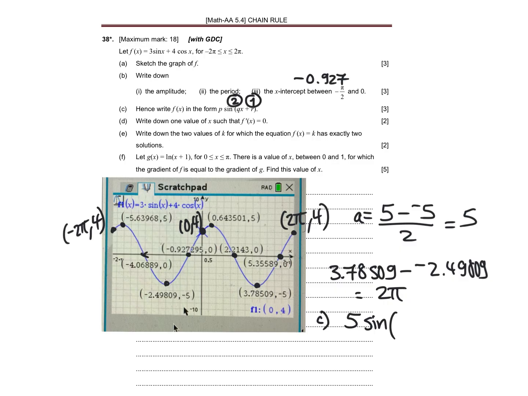So we are moving to the left 0.927. So this is going to be plus 0.927. And then our Q is just, should be 1 because our period is 2 pi. So that should be our answer.